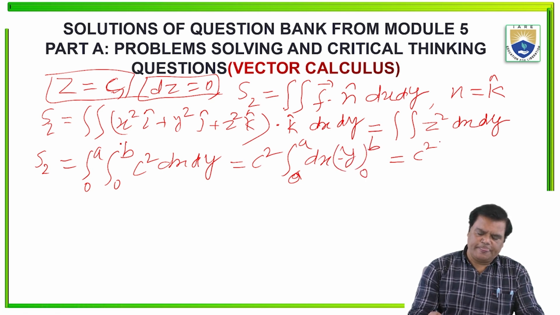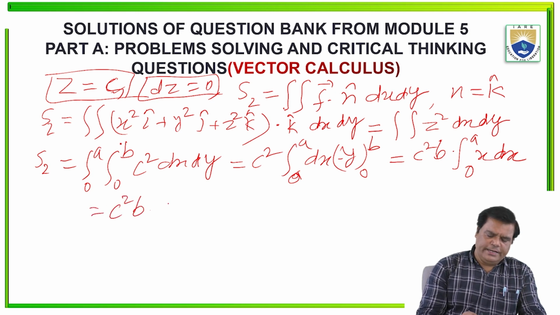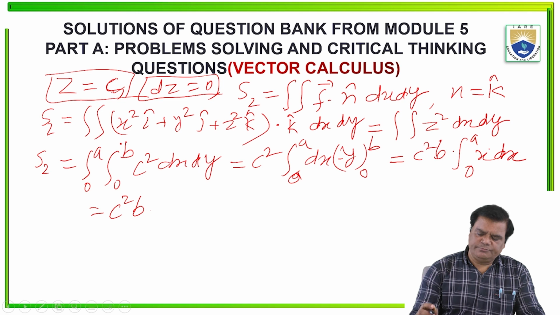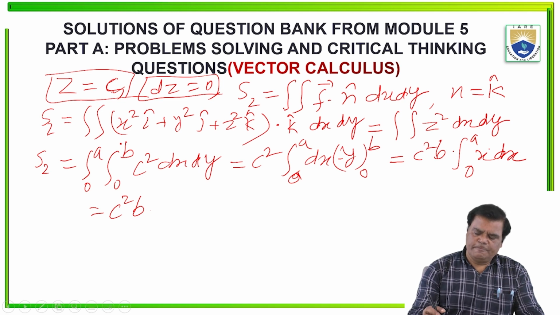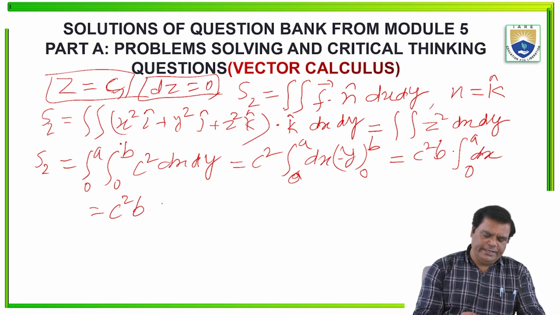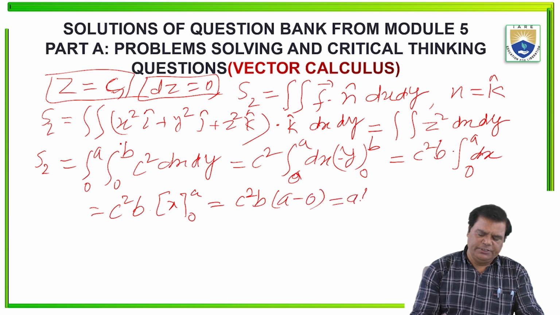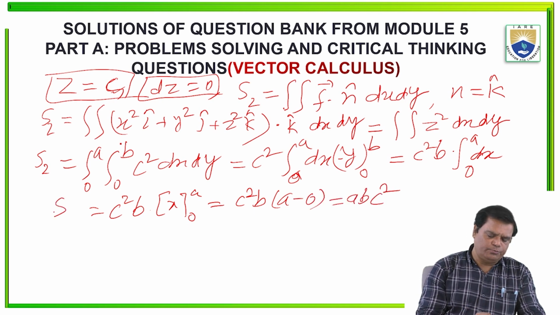So c square b into the integration from 0 to a of dx. Now this equals c square b and the integration of dx only, which is x from 0 to a. So c square b, a minus 0. So this is a b c square. This is S2.